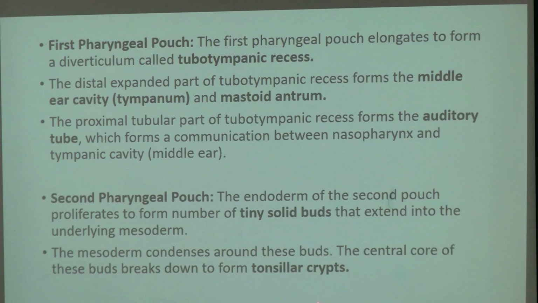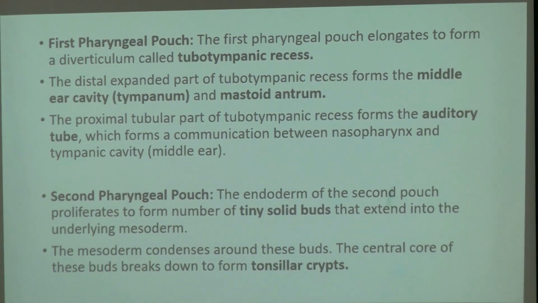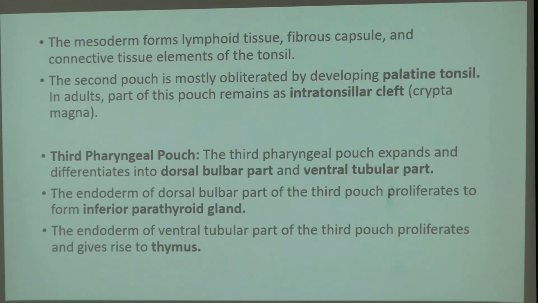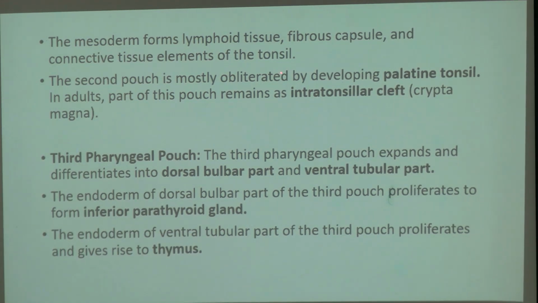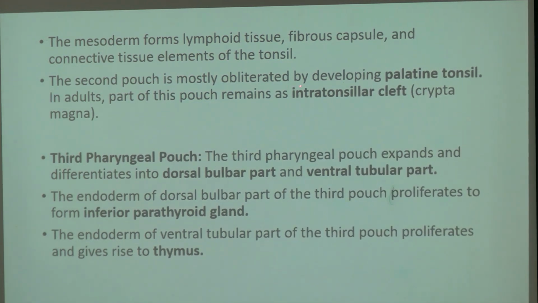Later you can see the different structures that are actually derived from your second pharyngeal arch. While writing, add it as tonsillar crypts. The mesoderm forms lymphoid tissue, fibrous capsule and also the connective tissue elements of your tonsil. The second pouch is mostly obliterated by the developing palatine tonsil.